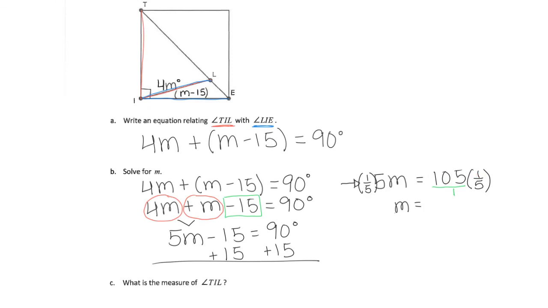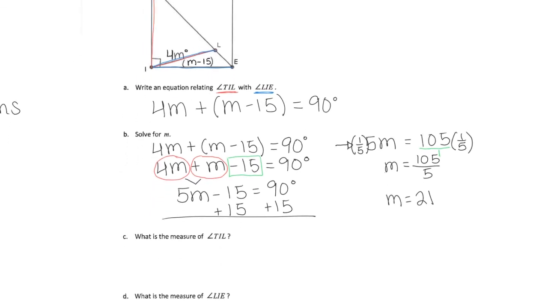So 105 times 1 is going to give me 105. So there is my numerator. And then for my denominator, I have 1 times 5, which is going to give me 5. Now, in fraction form, I have m equals 105 divided by 5. Go ahead with your calculator and type in 105 divided by 5. When you get that answer, that should give you an answer of 21. So now we know that m equals 21.